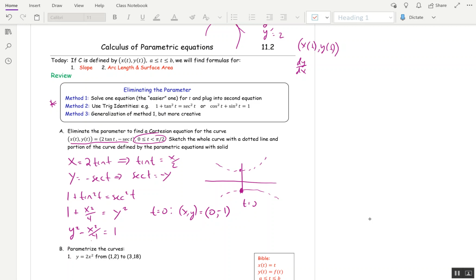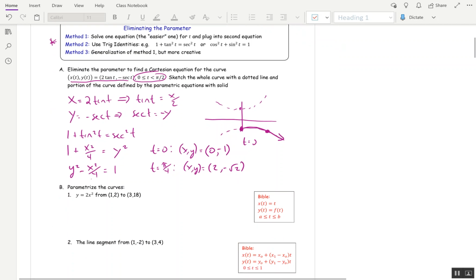So to find out what direction I'm going in, left or right, let's pick a number greater than 0 but less than pi over 2, like pi over 4. And in this case, we get x, y equal to 2 comma negative root 2. So that's going to be going in this direction, because 2, negative root 2 is over here in quadrant 4. So we're only getting a quarter of the hyperbola.